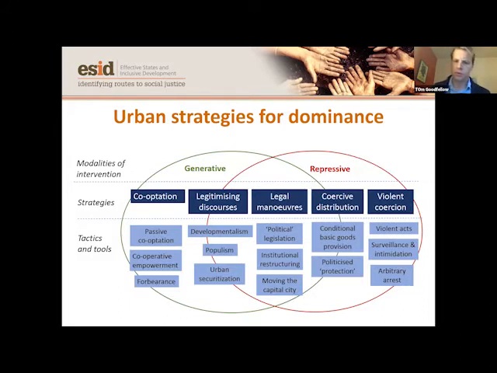But we also distinguish between, for example, coercive distribution, which is where people are allowed access to public goods, but only if they do certain things like join a party. And we looked at other things around legal restructuring, legal maneuvers in terms of ways of trying to constrain the opposition's room for maneuver through fiddling around with your urban governance structures and things like that, which were not straightforwardly either repressive or generative.